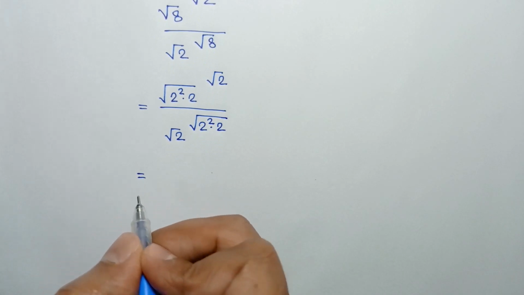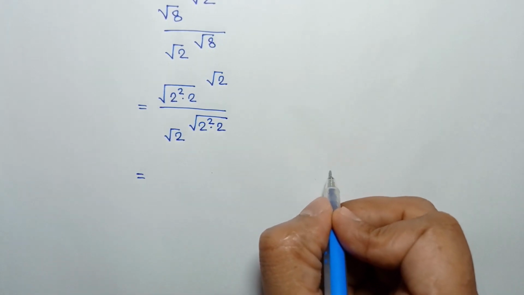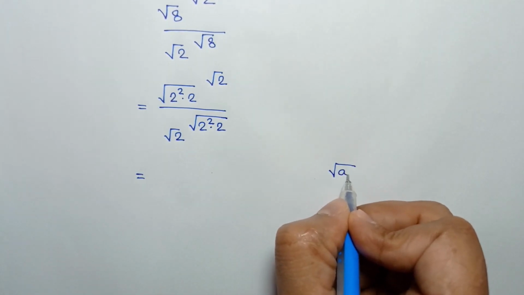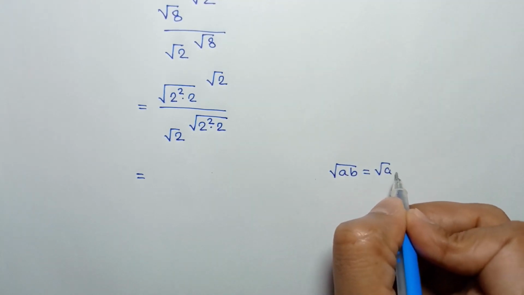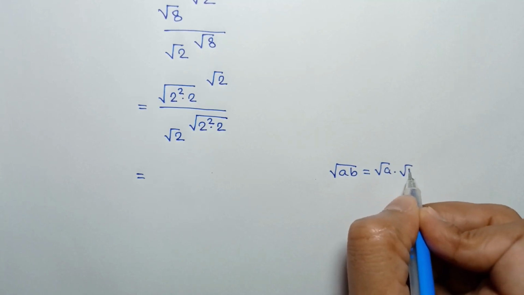Now according to this formula, √(AB) is equal to √A times √B.